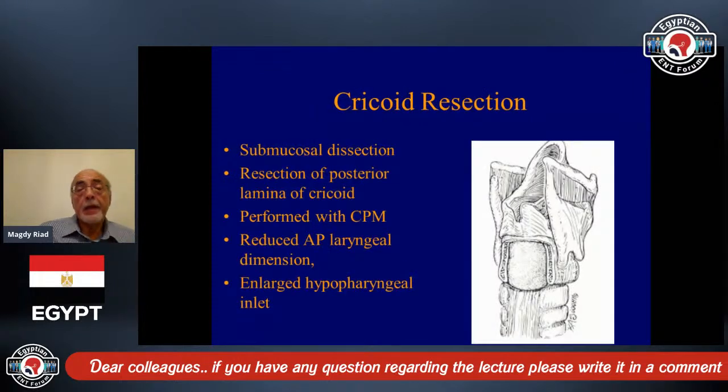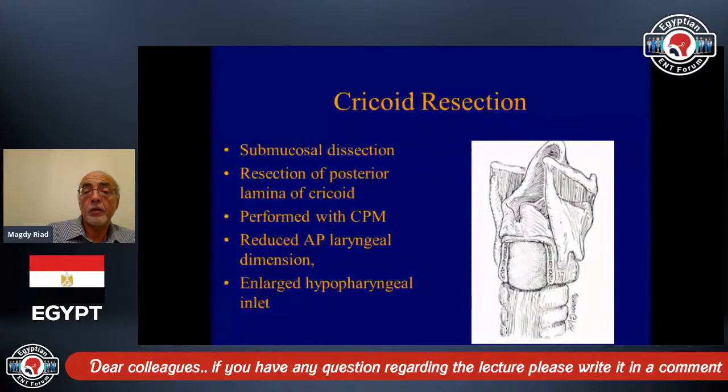If these operations didn't work, then you start thinking about going up the ladder with more drastic things. One of the things you can do is try and allow anteroposterior collapse of the airway by removing most of the posterior part of the cricoid cartilage. You still leave a sleeve of the cartilage here so that the arytenoids can still work on top of it.